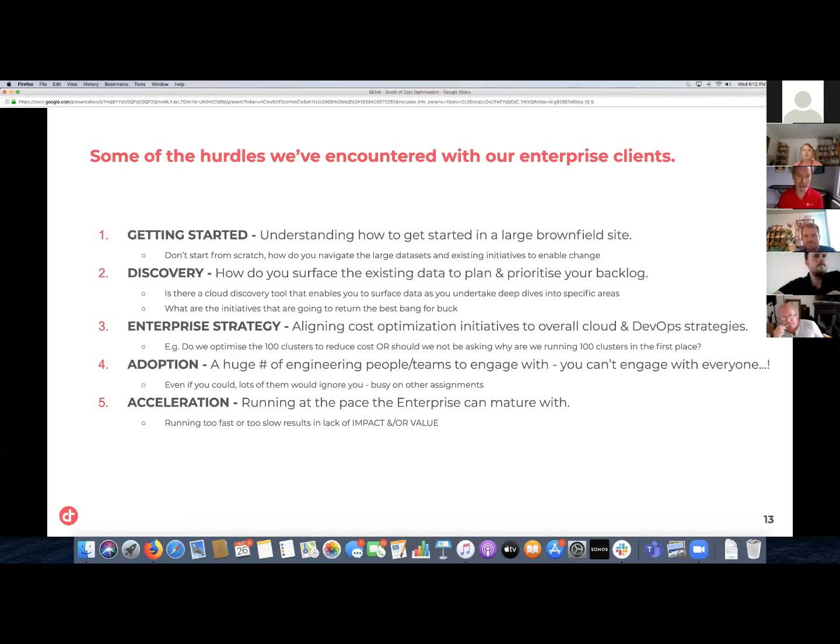We talk about discovery. Discovery is really important in understanding where to start, to understand where your costs are happening. Having an enterprise strategy that's tied in with your other cloud and DevOps strategies, and it's not something that's running in a silo. And then getting adoption through large-scale numbers of teams and developers.